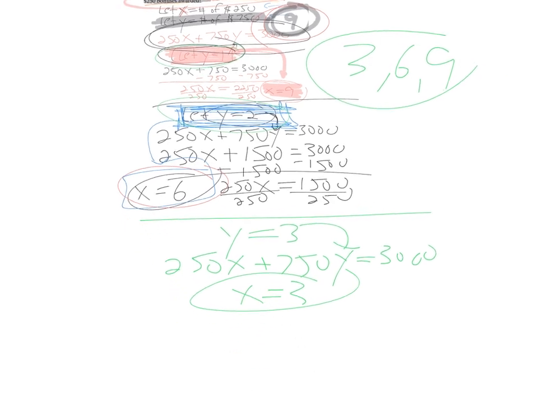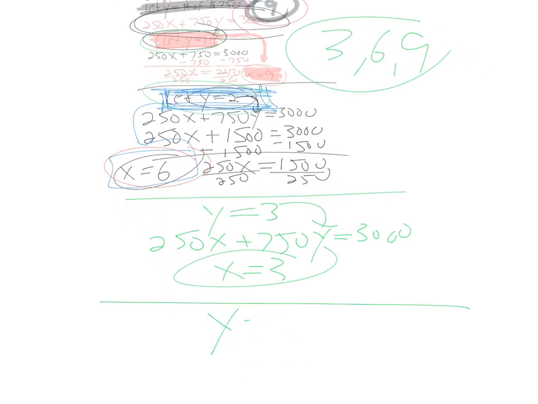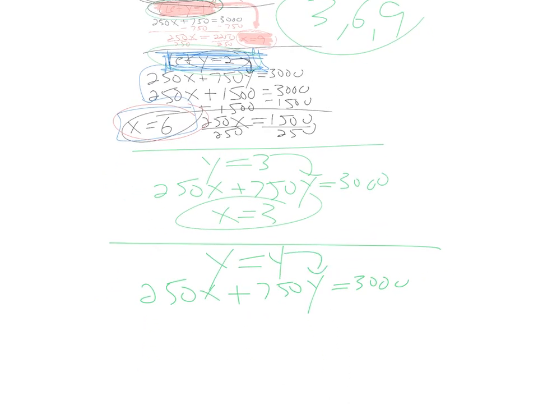If you would have assumed that there could have been 4 $750 bonuses, when you plug that into the equation, 250x plus 750y equals 3,000, what would have happened is 250x plus 750 times 4 is 3,000.